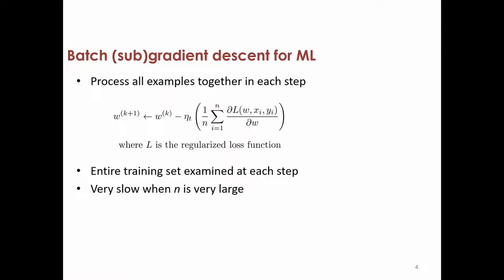Suppose we take the deterministic loss function. Here L is the loss function. Now suppose we take the deterministic loss function and we want to optimize it. So how do we optimize? Again, a simple gradient descent or subgradient descent.